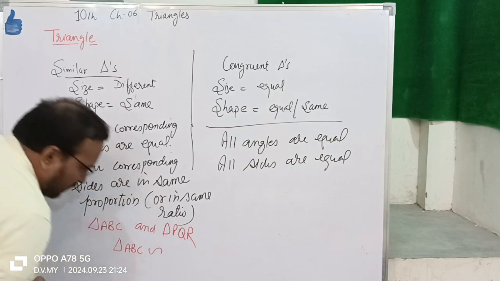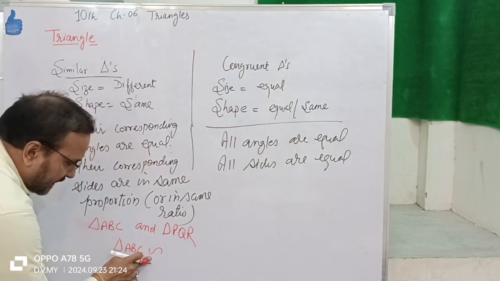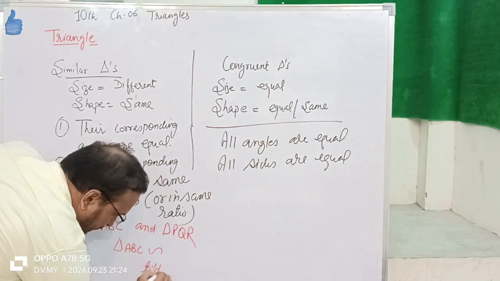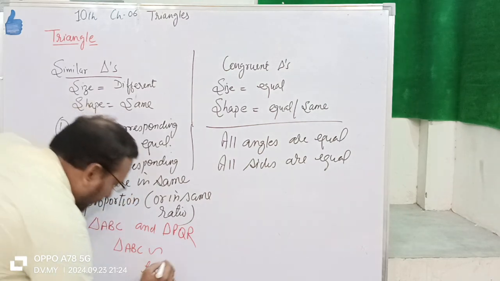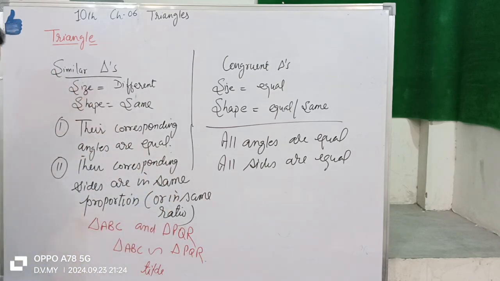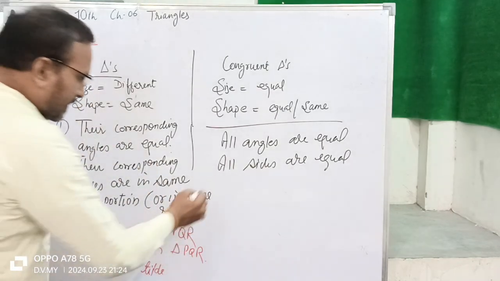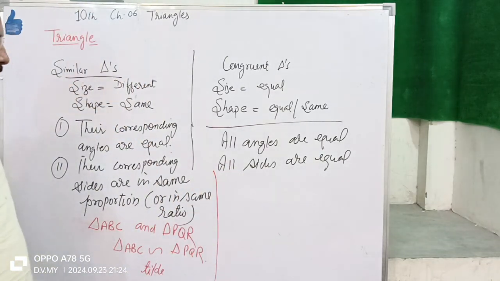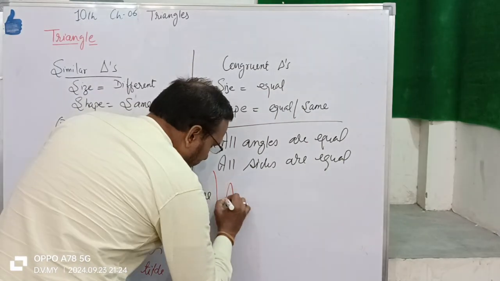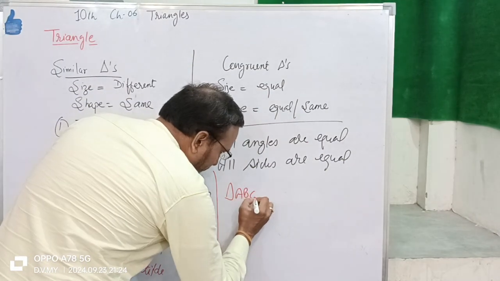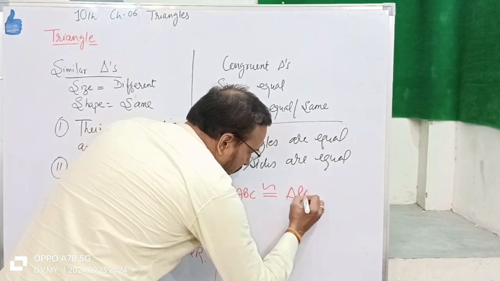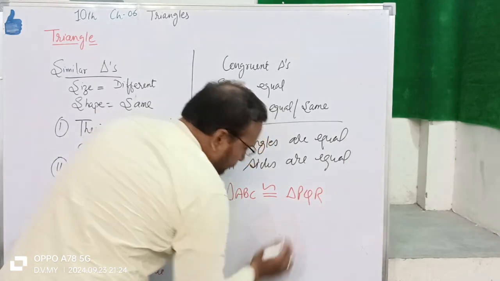ABC, the sign of similarity is the tilde sign, then PQR. But in the case of congruent triangles, we will write ABC congruent to PQR.